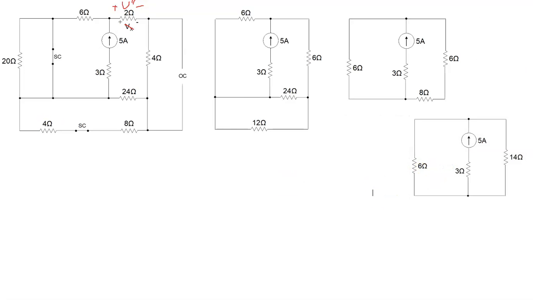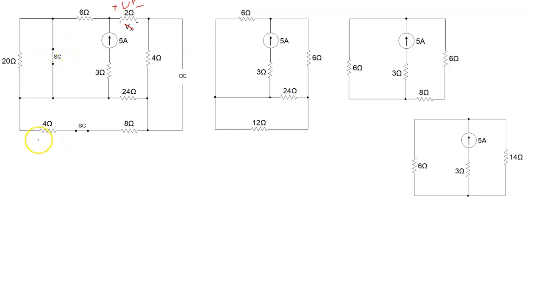Now, once we tackle the 5 amp source, again the 12 amp source is replaced by an open circuit, the 60 volt by a short circuit, and the 40 volt by a short circuit.